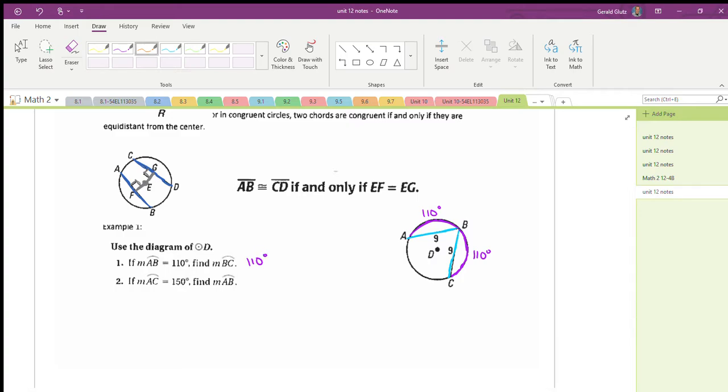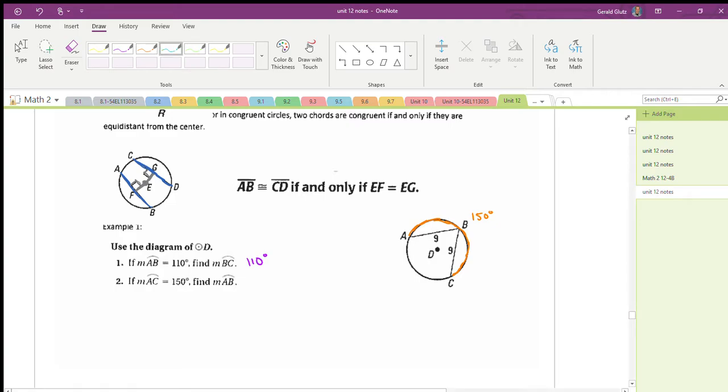So next, if the measure of arc AC is 150 degrees, find the measure of arc AB.